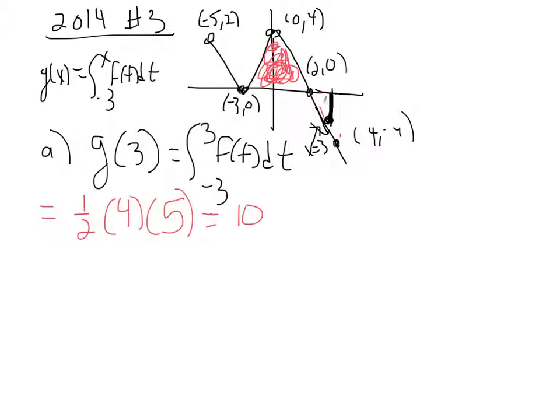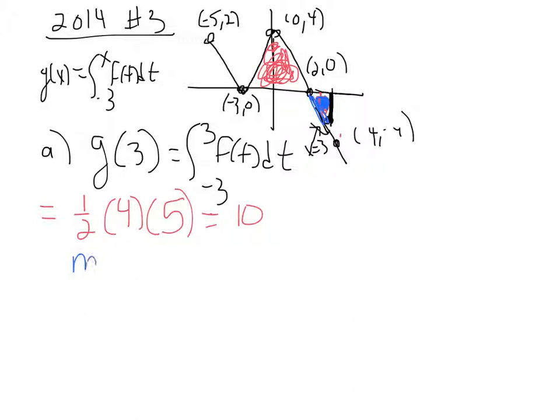This is the area we want. So I need to find what the y value is there so I know what the height of that triangle is. So I'm going to do this in blue. So I need this y value.